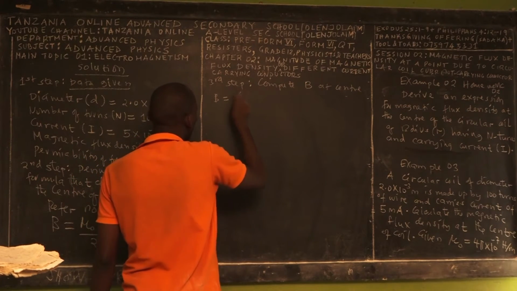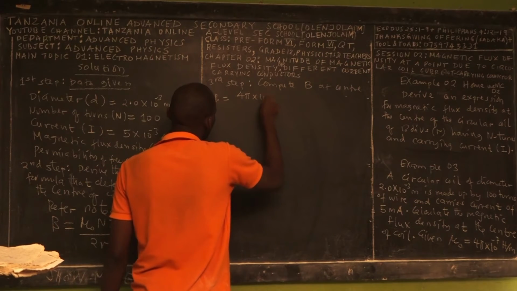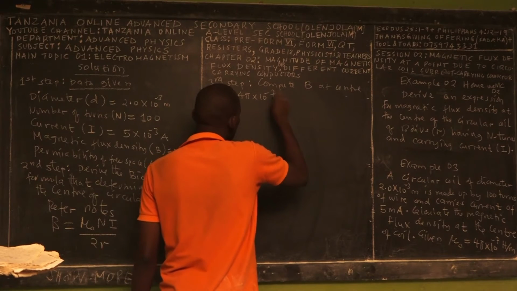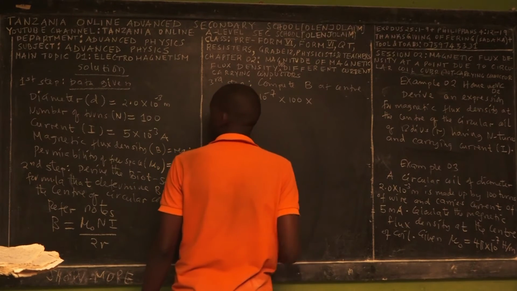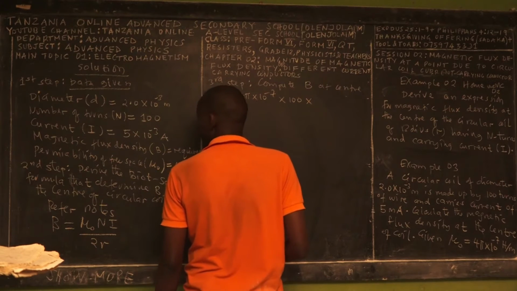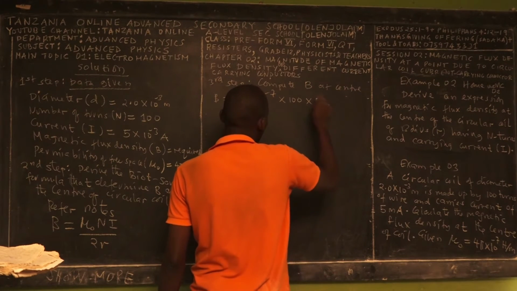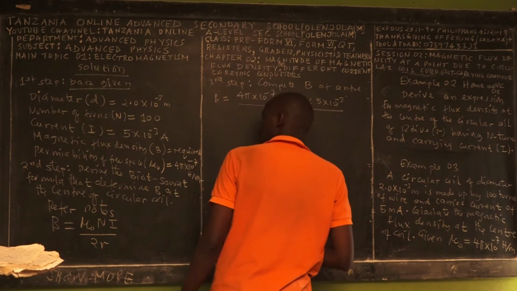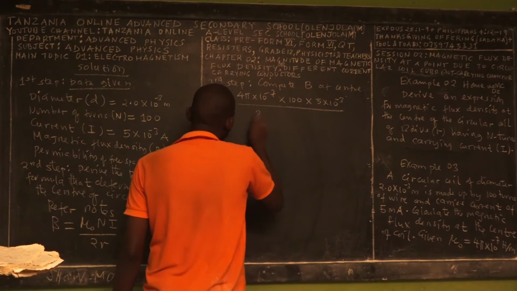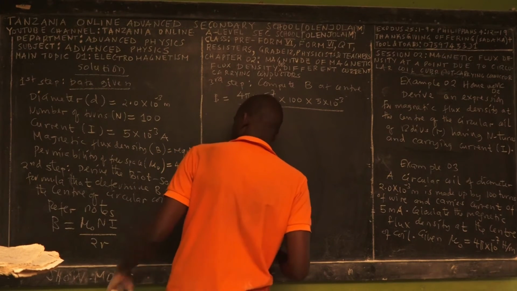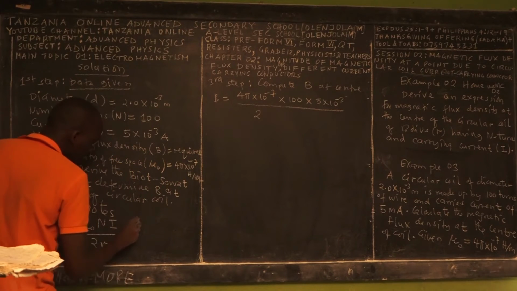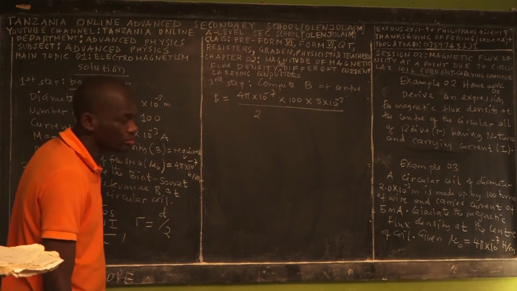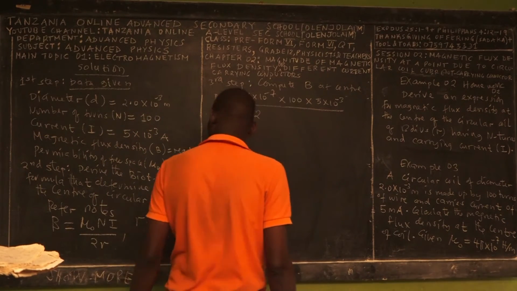The permeability of free space is 4π × 10^-7, multiplied by the number of turns, which is 100, then multiplied by the electric current, which is 5 × 10^-3, over twice the radius. Remember that the radius is equal to the diameter over 2. So the radius of the circle is the diameter over 2.